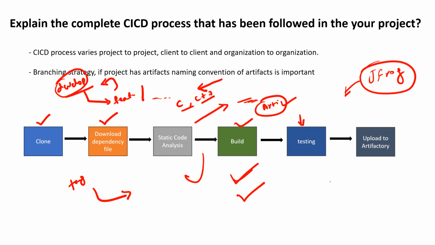Once that is done, the final artifact that we created, we used to give to what we called a flashing team. That particular team will take it and flash it onto the hardware. So this used to happen in this particular project.